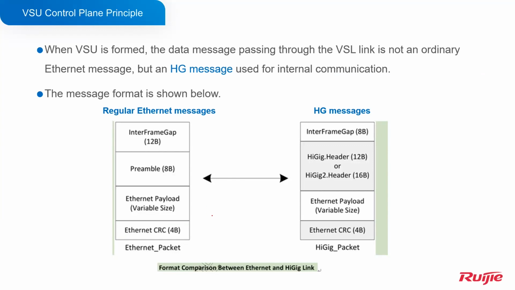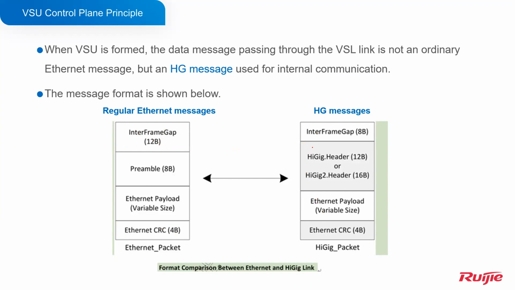And here are the messages, the different one. If we use the regular Ethernet message, we will have a header, some payload and some CRC check, something like this.